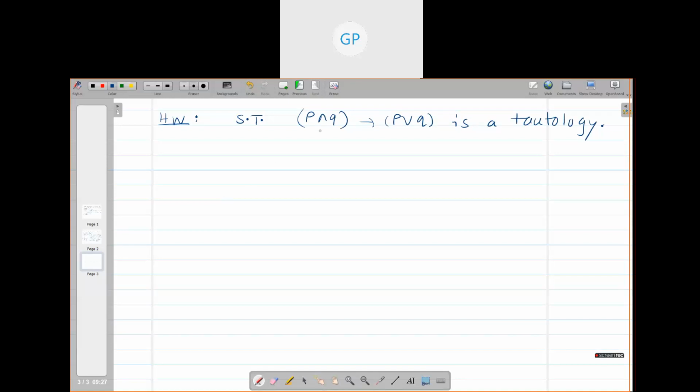So what you can do here, I will give you a hint. This is L and this is your M. So what is L implies M equivalent to?